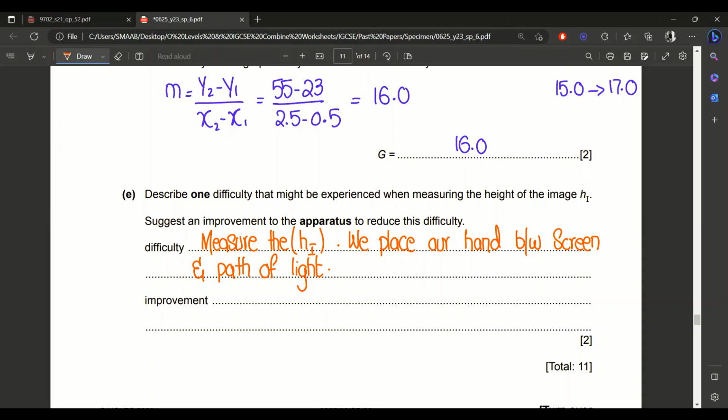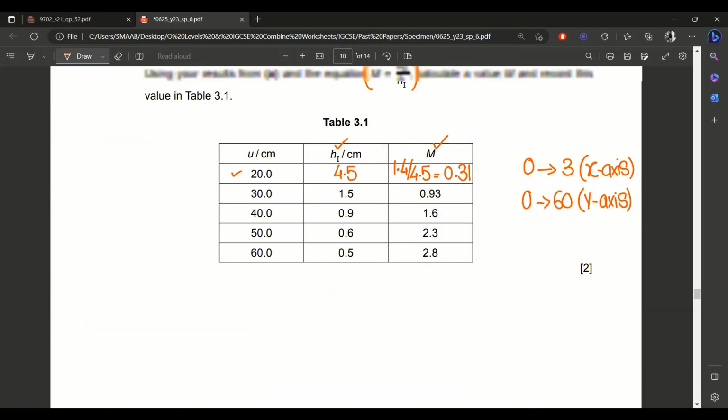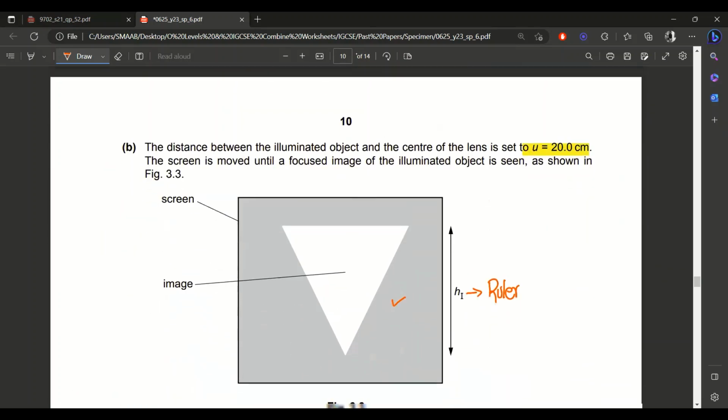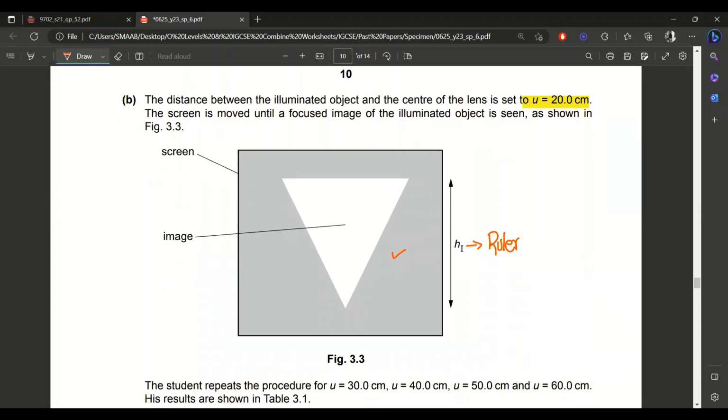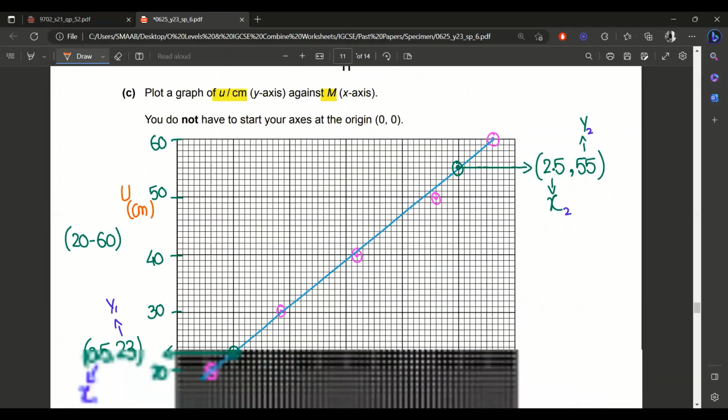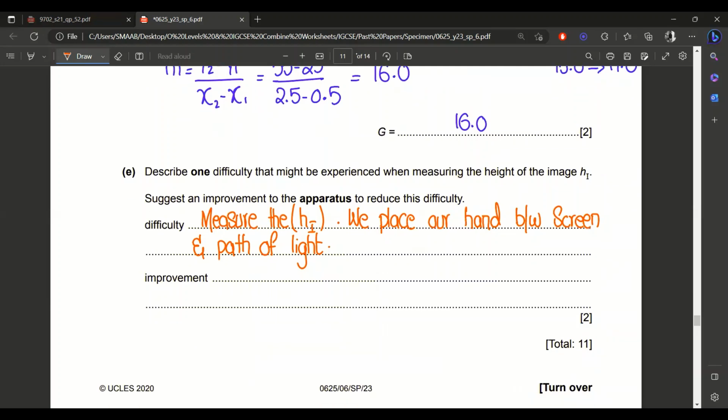So what is the improvement? If we are using a solid screen, the image will form only on the front. Let's suppose we use a tracing paper, a translucent screen, made of tracing paper or a thin plastic type paper. The image can then also be seen from the back side, so we can easily measure the height from the back of the screen. There will be no problem in the path of light and the screen.